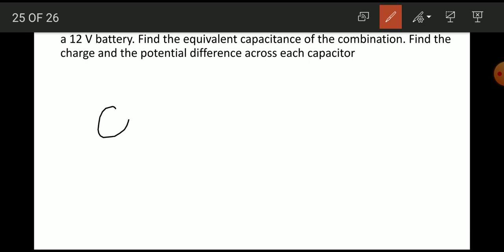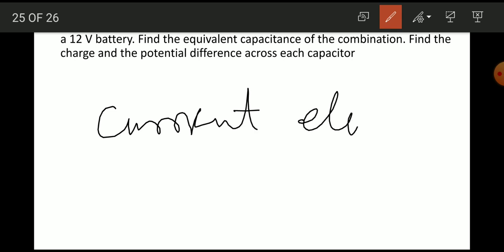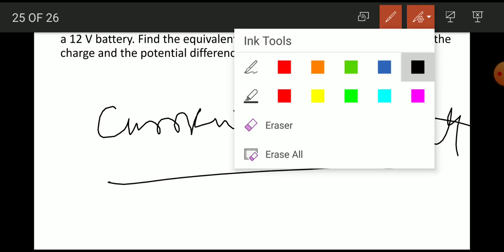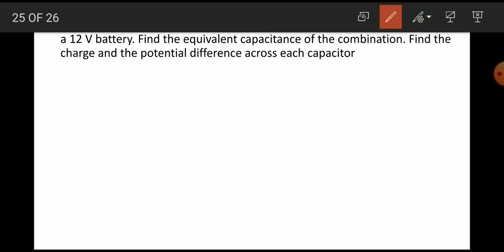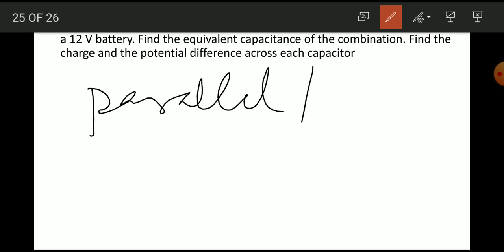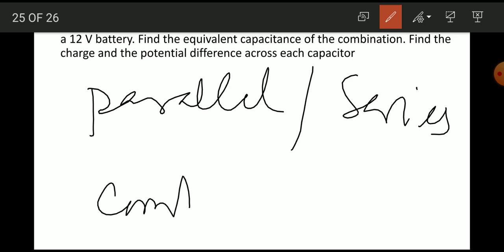The parallel branch is current electricity: the study of charges in a state of motion. Here we studied parallel combination and series combination of resistance and of capacitors.